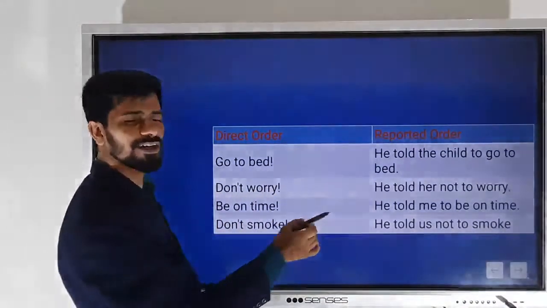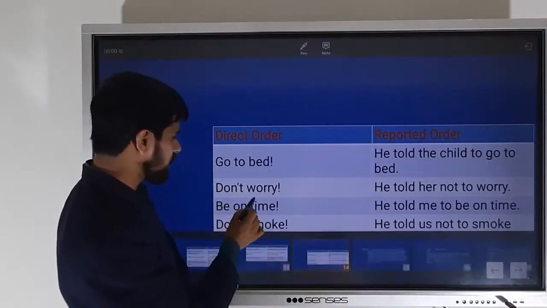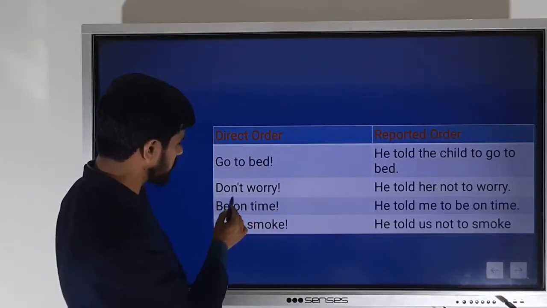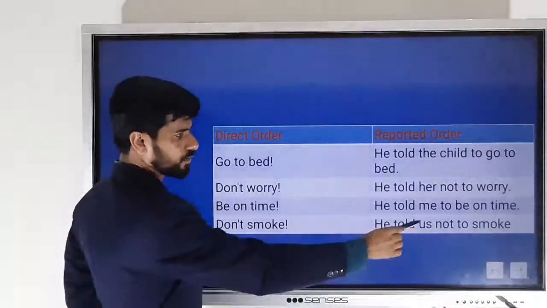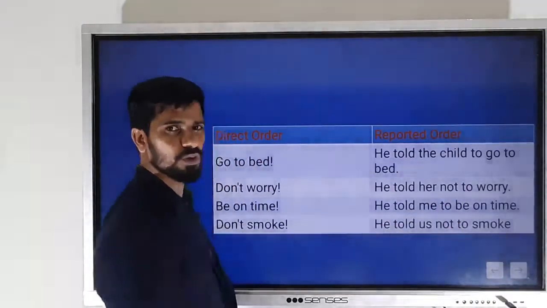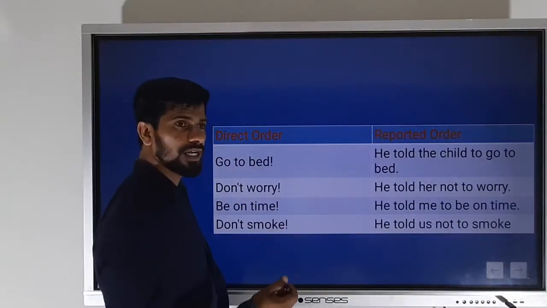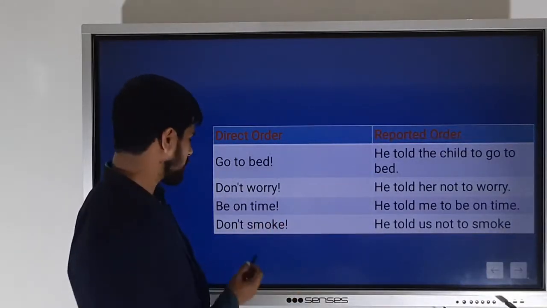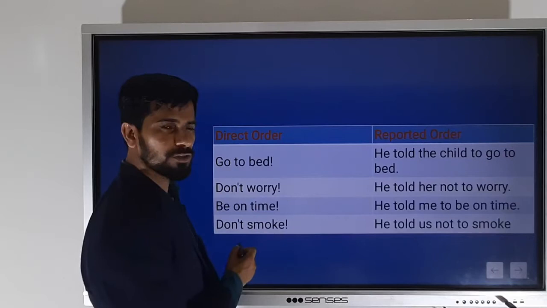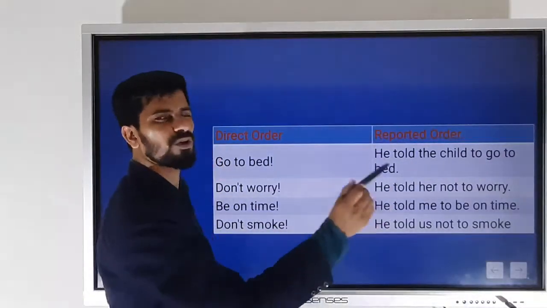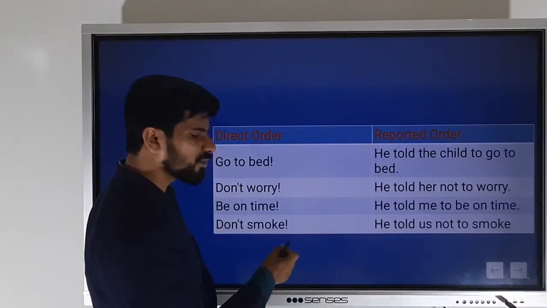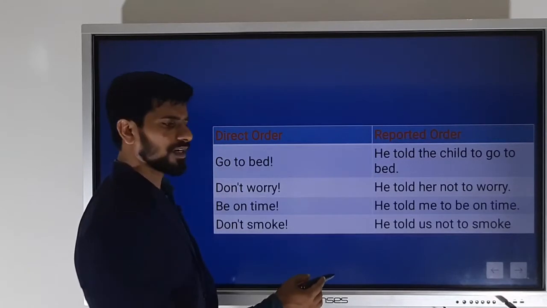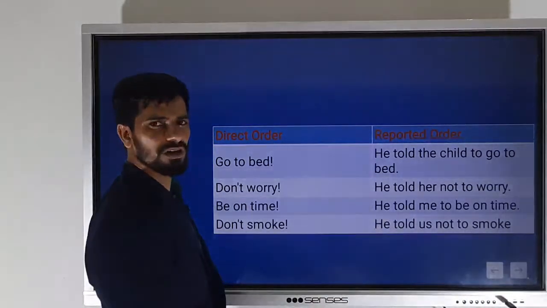When you convert an imperative sentence starting with don't, you have to add the conjunction not to. Don't knock the door. They asked us not to knock the door. Be on time. He told me to be on time. Don't smoke. He told us not to smoke.